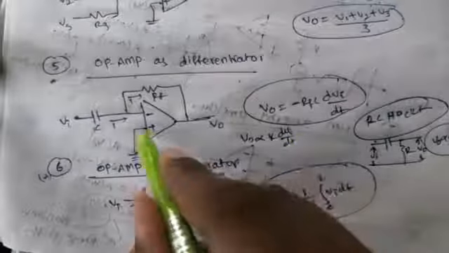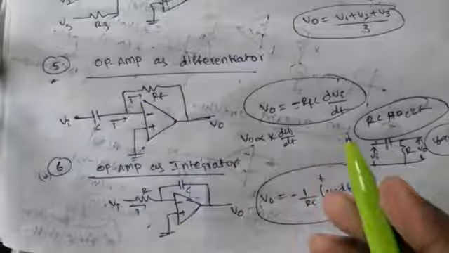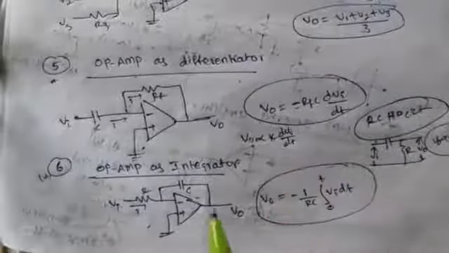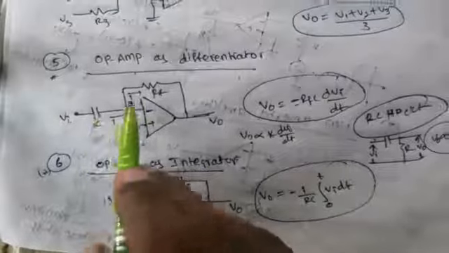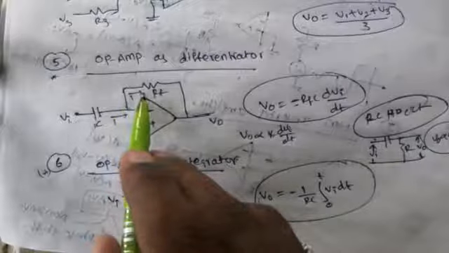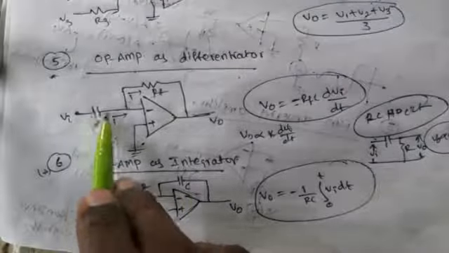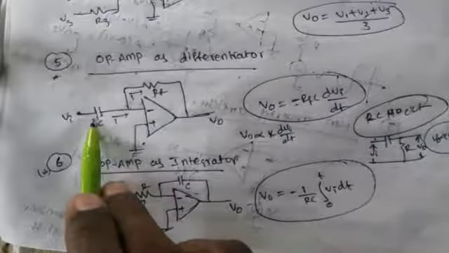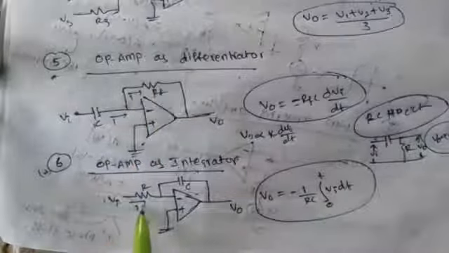What is K? If it is inverting mode, a minus sign will appear, and here the resistor and capacitor values are Rf and C. If these resistor and capacitor are interchanged, then it will act as an integrator. That means the capacitor at the input side is replaced into the feedback path and the feedback resistor is replaced to the input side.